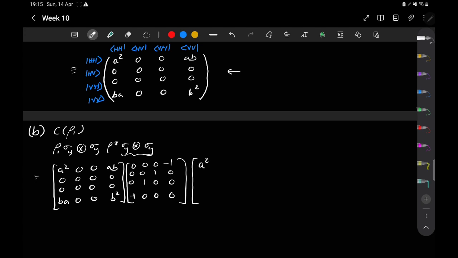Now rho star. So all these A and B numbers are real. So A star is A, B star is B, and that's how rho star is equal to rho, since A and B are real.